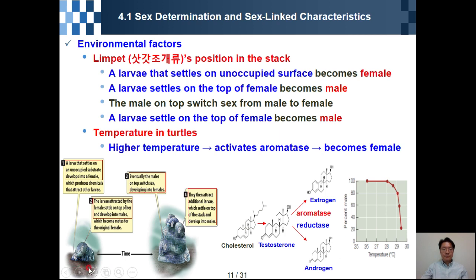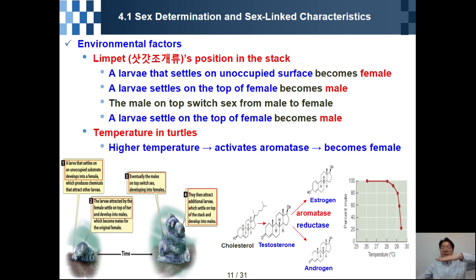At first, a larva that settles on the unoccupied space becomes female. After that, another larva will come. This female attracts another larva, and that larva will go to the top of the female and become male.